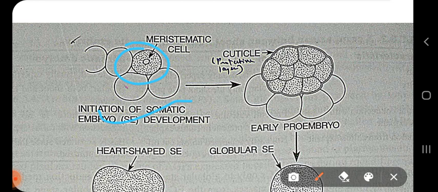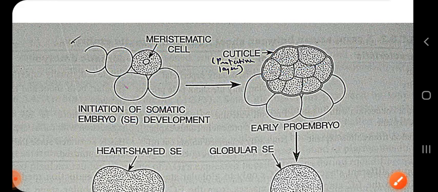There are many meristematic cells in that part, and this multicellular group breaks their cytoplasmic connection here and there with the other cells, and they subsequently form cutinization. This part is the cuticle, a protective layer formed around the mass of cells.